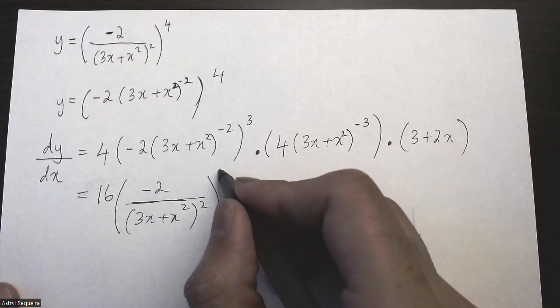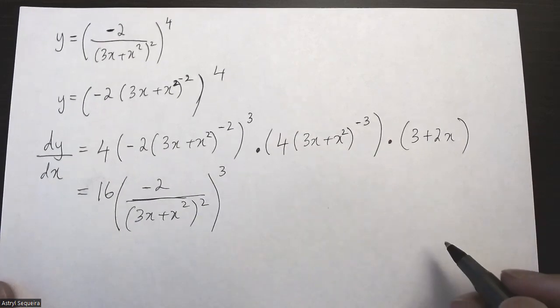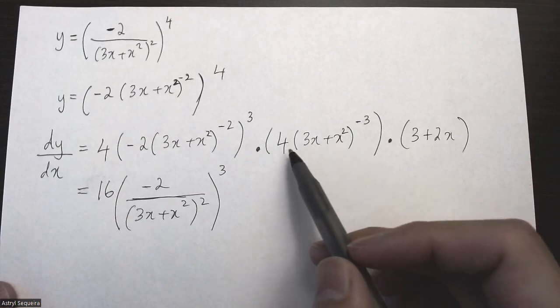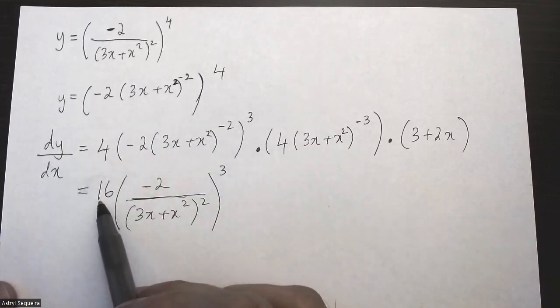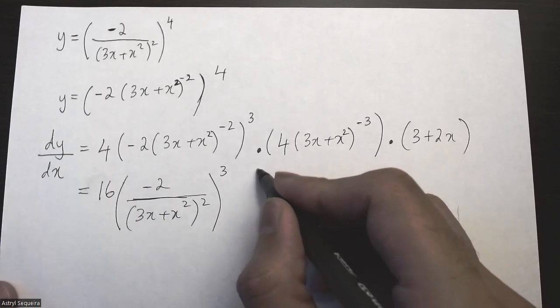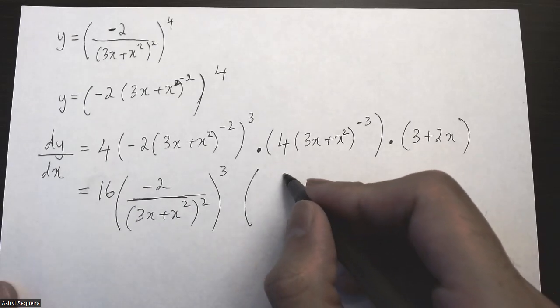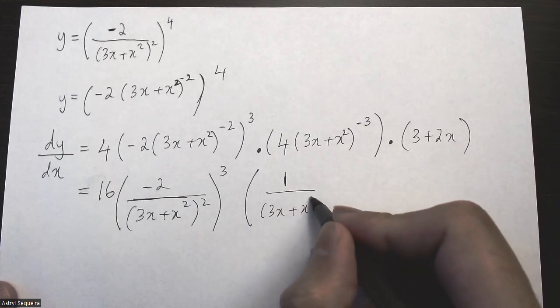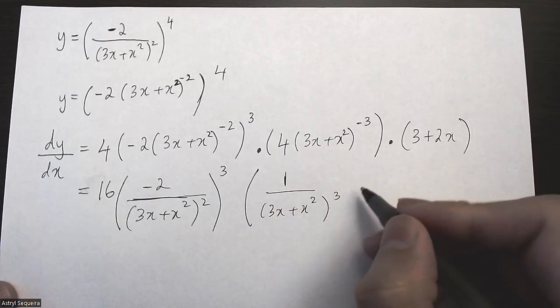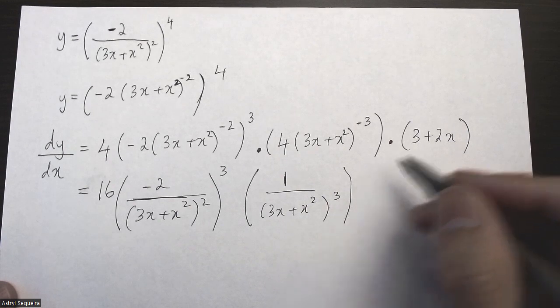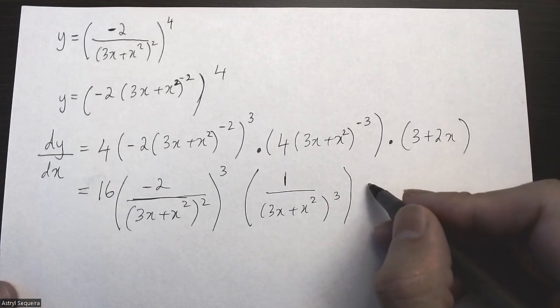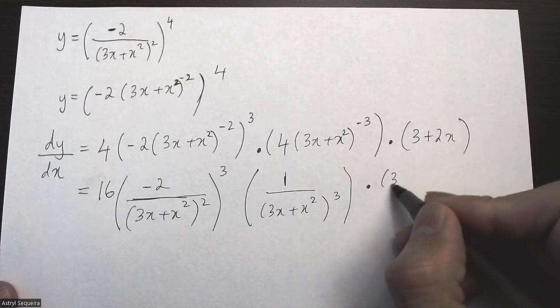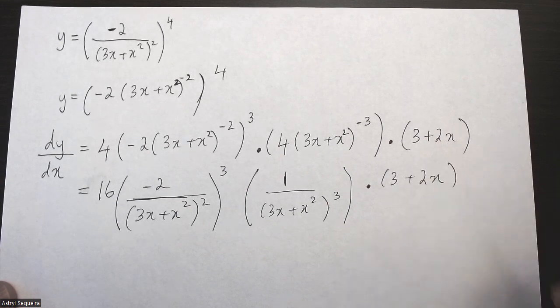Then this whole thing is cubed. And this 4 I already multiplied with that 4 to give me the 16. So this is just going to turn into 1 over 3x plus x squared, cubed. And then this is just going to stay the same, 3 plus 2x.